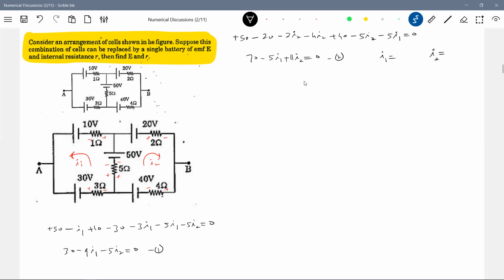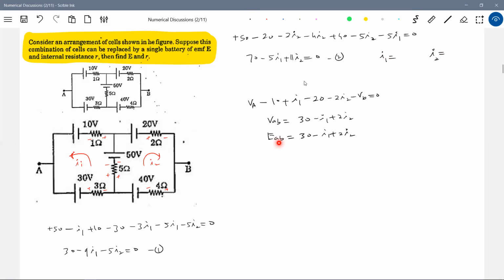After this, what I do, I want the EMF of the cell. So VA minus 10 plus I1 minus 20 minus 2I2 minus VB equals 0. If I solve for VAB, this should be equal to 30 minus I1 plus 2I2. This VAB is nothing but EAB. Able to get the idea? So if you can get the I1, I2, substitute there, you'll get EAB, the effective EMF.